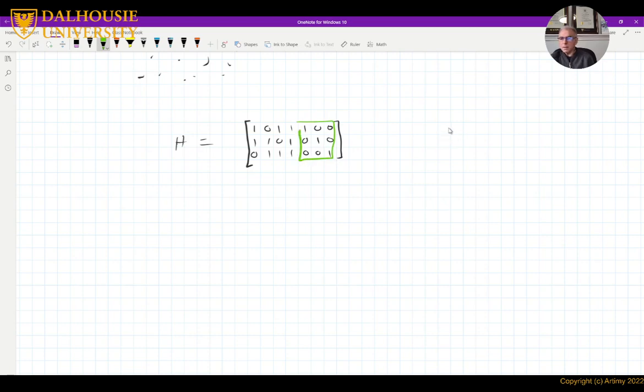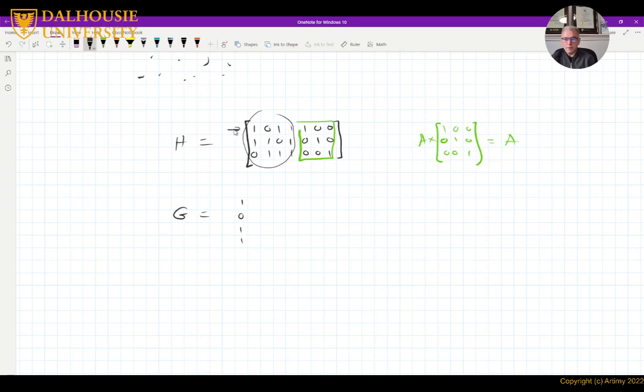The identity matrix is the matrix that has the diagonal as 1, and if I multiply A by the identity matrix, I get A, right? So the G matrix, I can create by taking the part that's not the identity and doing the transpose. The transpose flips all the columns into rows and vice versa. So here we have 1 0 1 1.